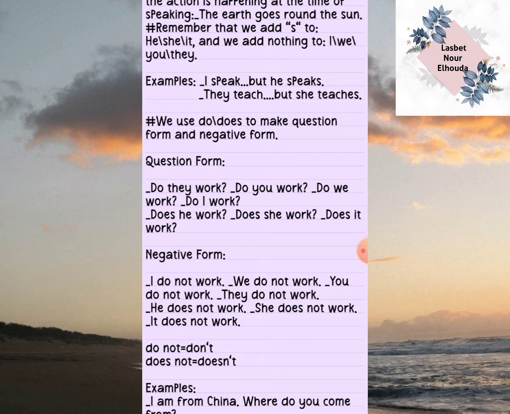We use does with he, she, and it. As the next examples: do they work? Do you work? Do we work? Do I work? And we say, does he work? We don't add the s with the verb.